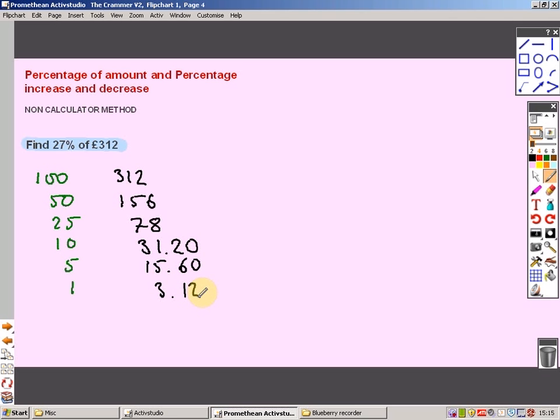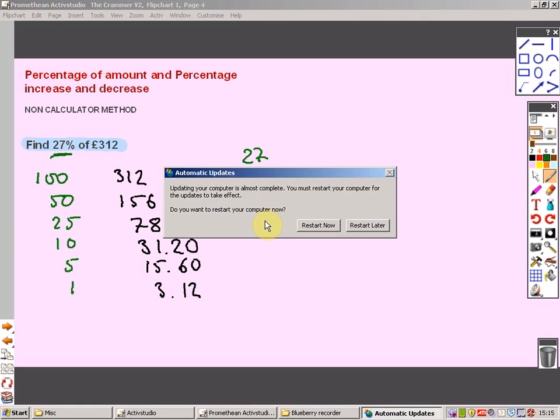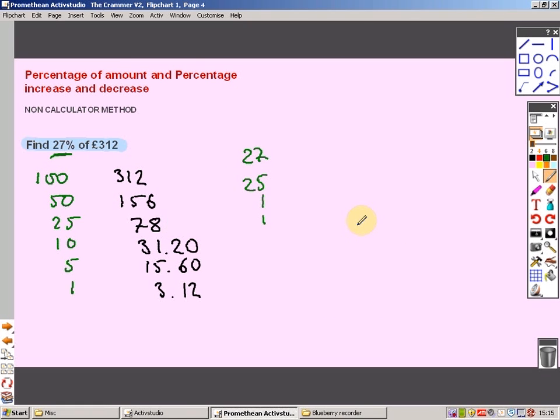I've then got to work out how I get my 27 there. So I'm going to make up 27 from a 25 and 2 ones. That will give me 27%. I now write down what those amounts are. So 25% was £78, and then 1% was £3.12, another £3.12.